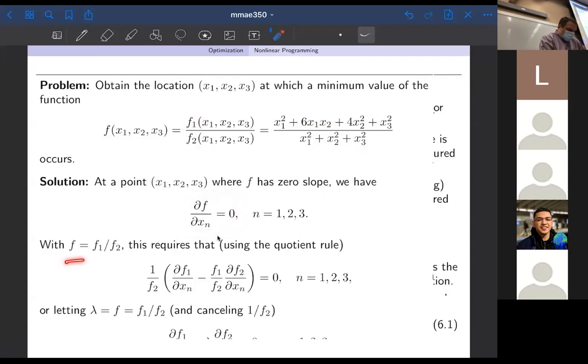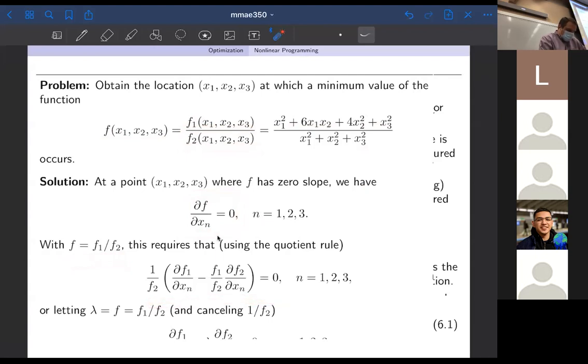Now remember, f is f1 over f2, the numerator over the denominator. So if I differentiate f, where f is a ratio of f1 over f2, then it's going to take on this particular form. This is from the quotient rule. So it's nothing extraordinary here, just straight from calculus. It looks messy, but it's just straight from calculus.